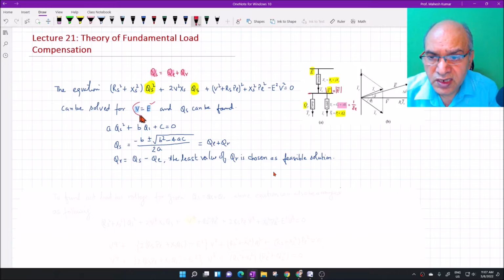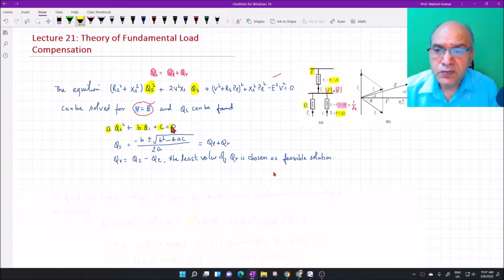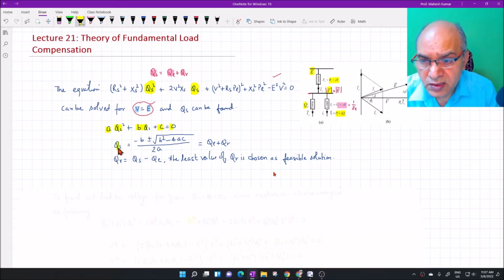Now substitute this condition back into this equation. This becomes E to the power 4. Other parameters remain the same, and we will solve this equation which is quadratic in QS. So we can write this equation as A QS squared plus B into QS plus C equals 0. This will give us two solutions, one for plus and one for minus. What is B here?